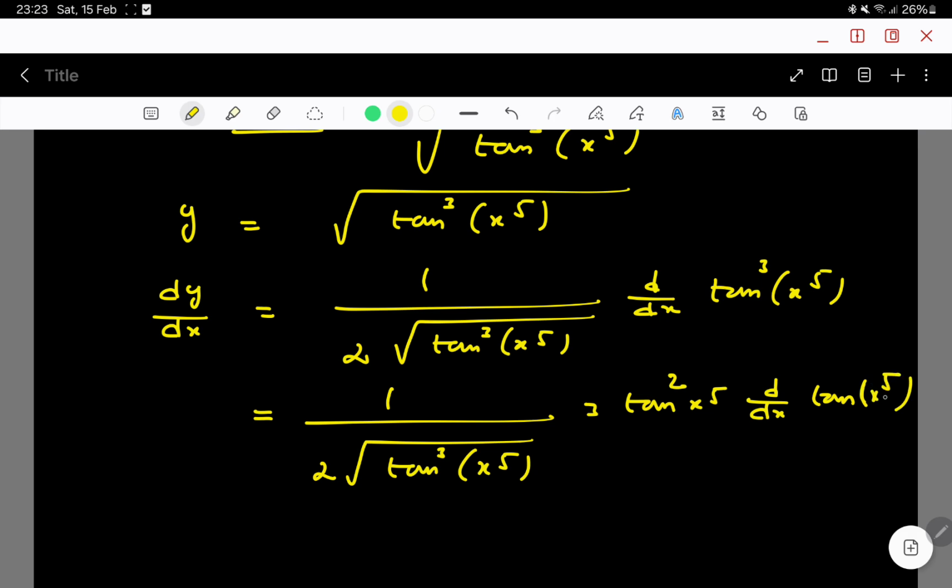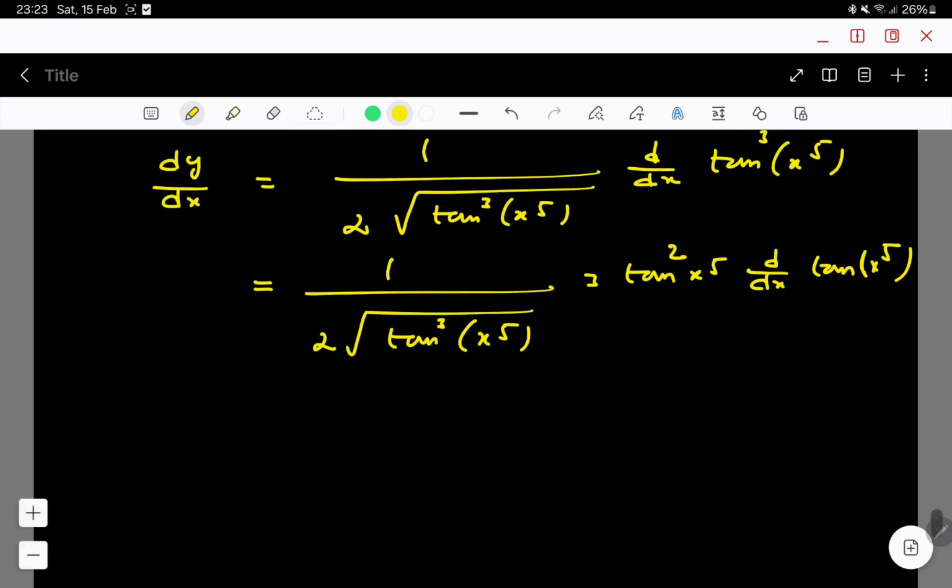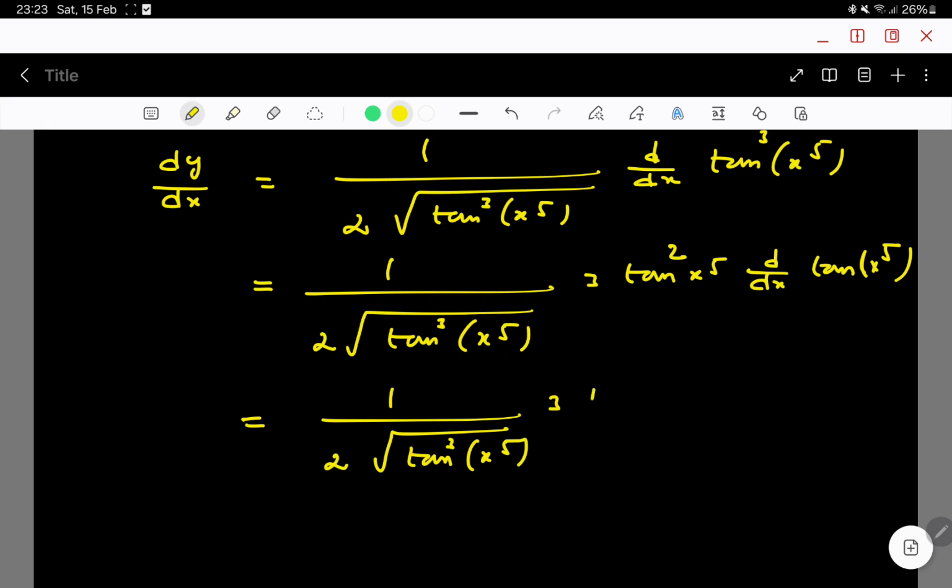To differentiate tan x power 5, we follow the chain rule. So 3 tan square x power 5. Now differentiating tan x power 5 gives secant square x power 5.